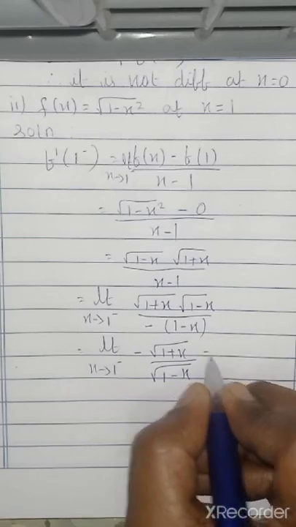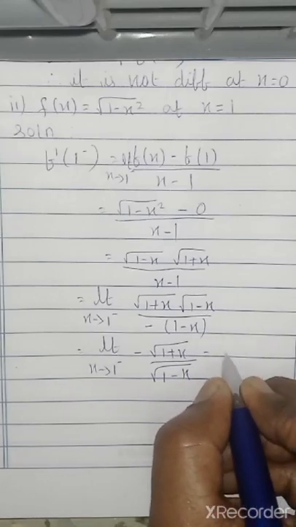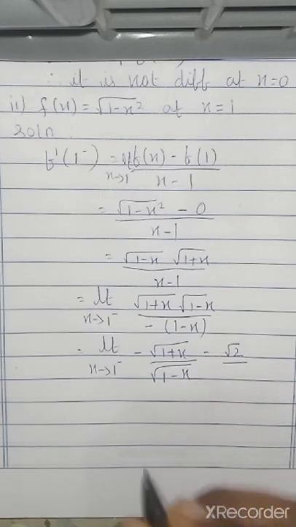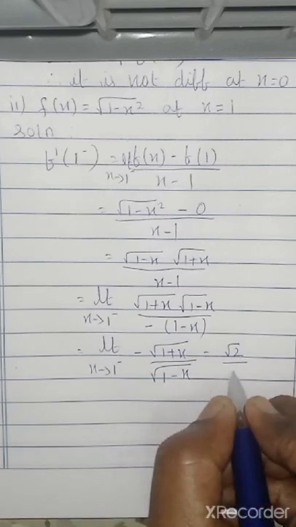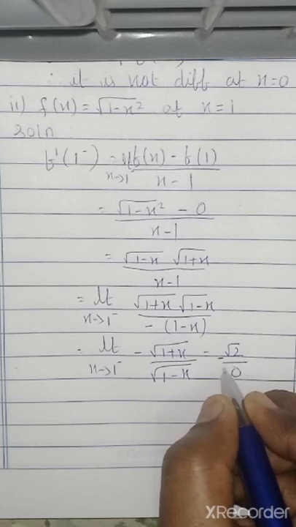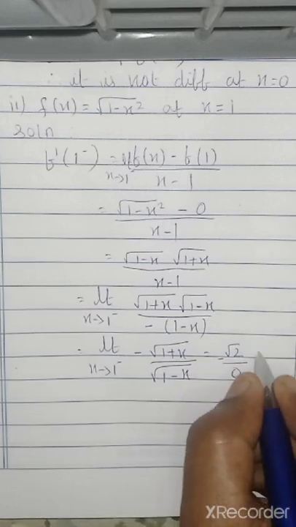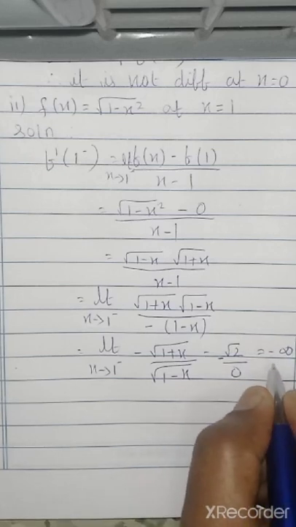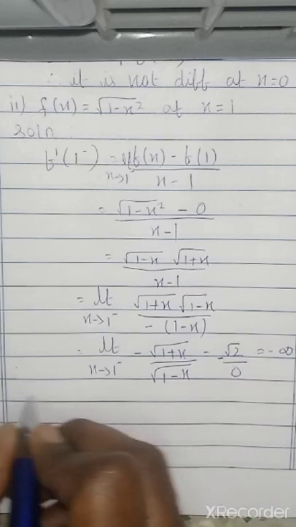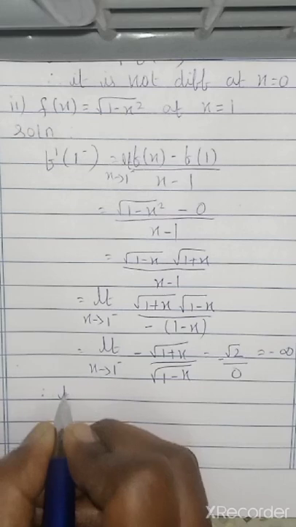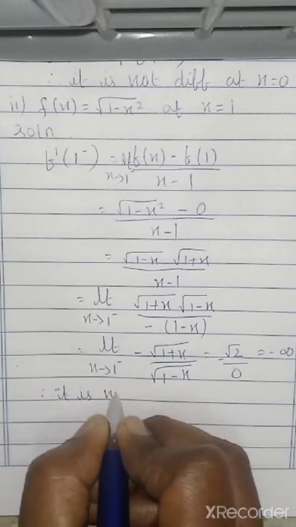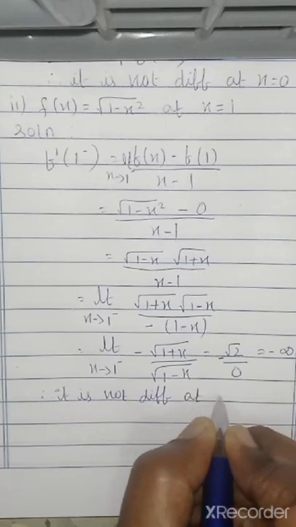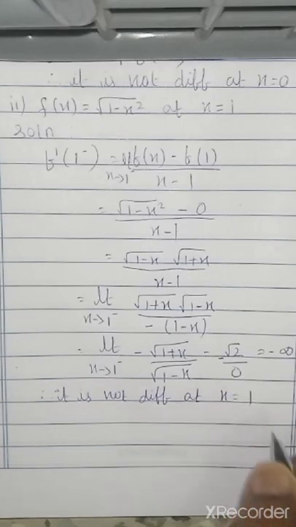If you substitute, what will you get? 1 plus 1 is 2, divided by 1 minus 1, which is 0 minus. Okay, so what you will get? Minus infinity. Since we get the answer as minus infinity, we can conclude that it is not differentiable at x equal to 1.